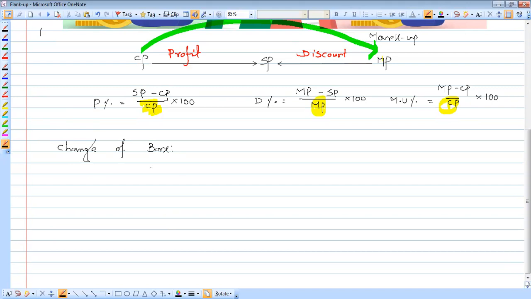What is the change of base? Say the selling price of an item is 100 and the profit percentage is 25%. The question is, find the profit value.